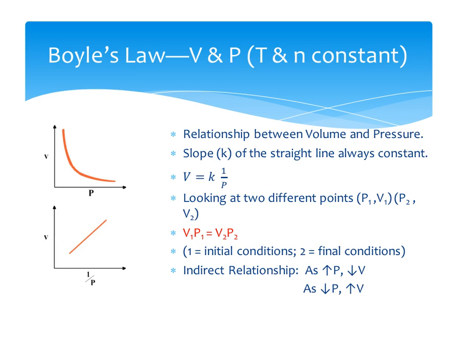Well, since they're equal to the same thing, we can set them equal to each other. So our formula for Boyle's law becomes V1P1 equals V2P2, where the 1 is the initial conditions, and the 2 is the final conditions.